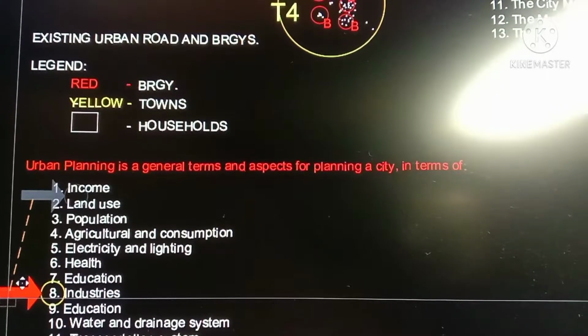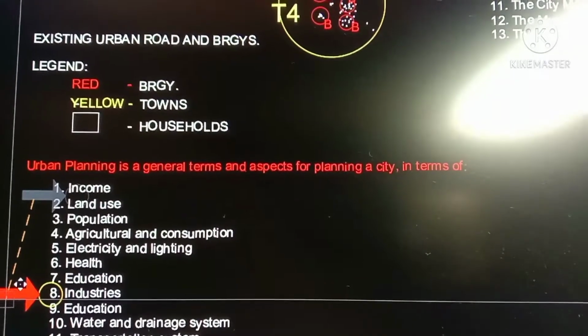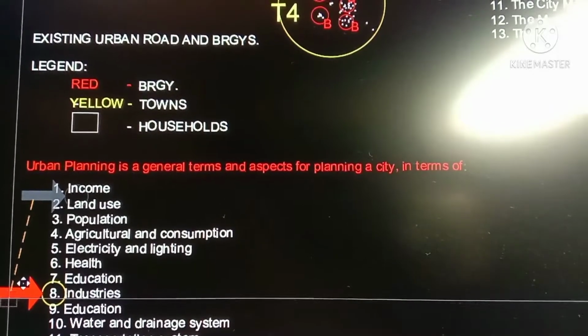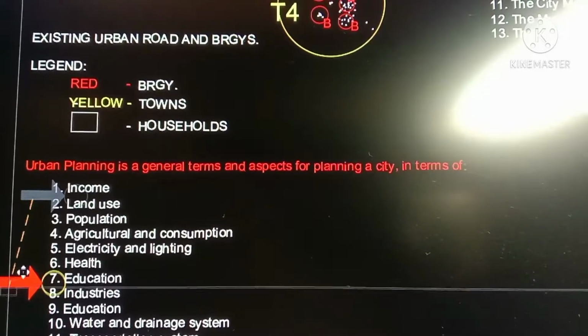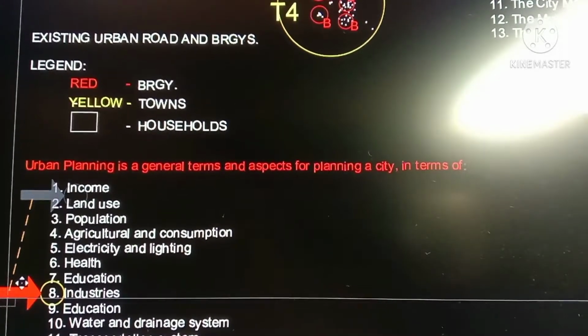Supposing it is composed of manufacturers or warehouses wherein they can store their goods, as a method of income within the city, not for individuals but for the whole city itself. So it must have industries. So that is one of the common industries.